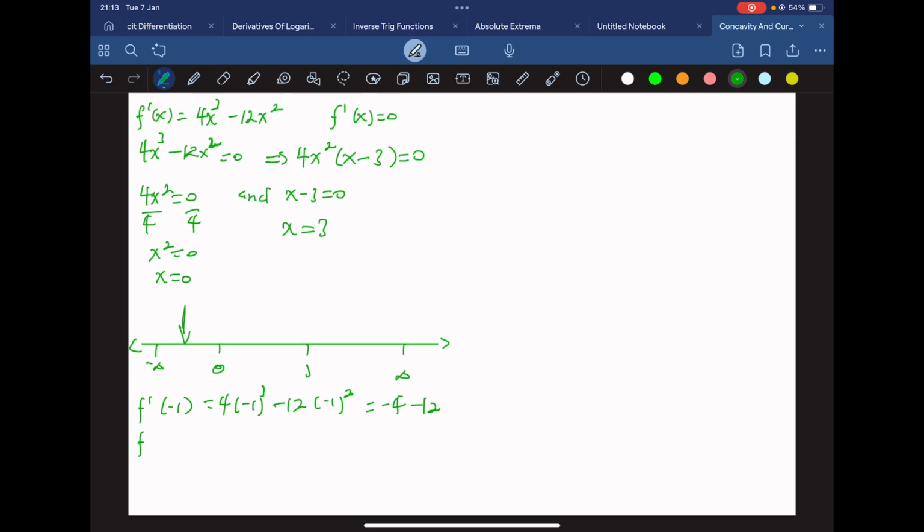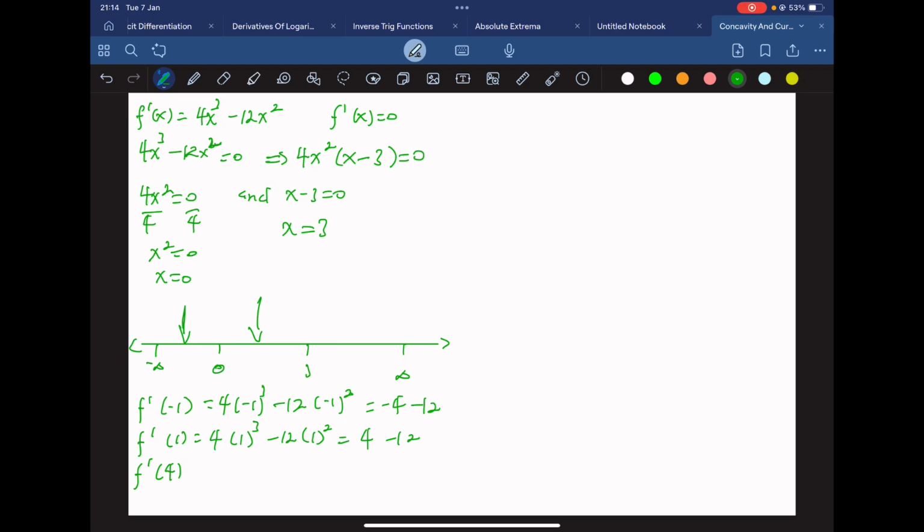And also we can pick a number here, so we can pick 1. If we do that, we have 4 times 1 cubed minus 12 times 1 squared, and that is 4 minus 12, so this also goes down. Okay, so in this range, we can select 4.